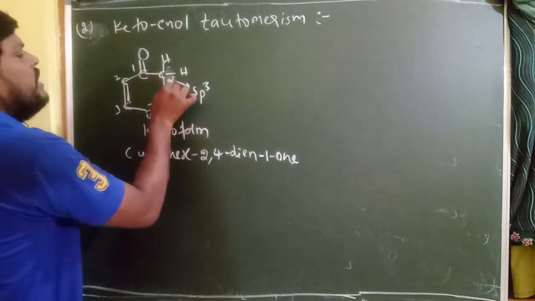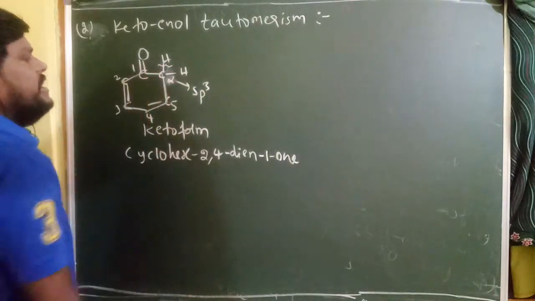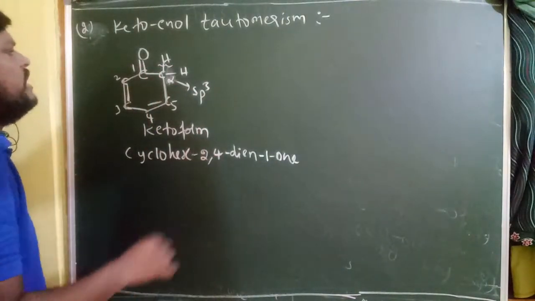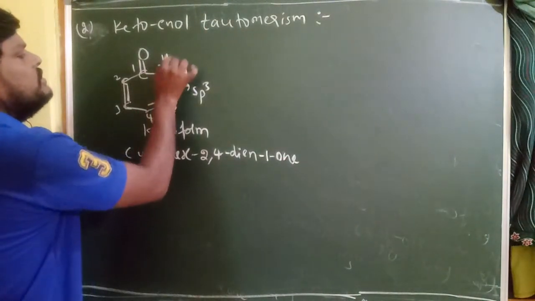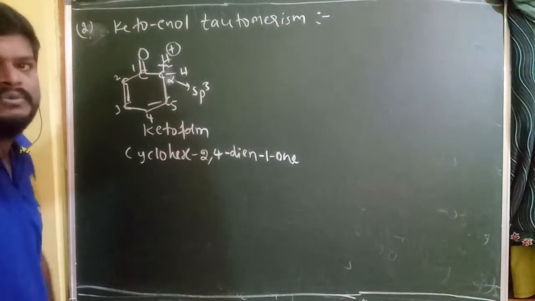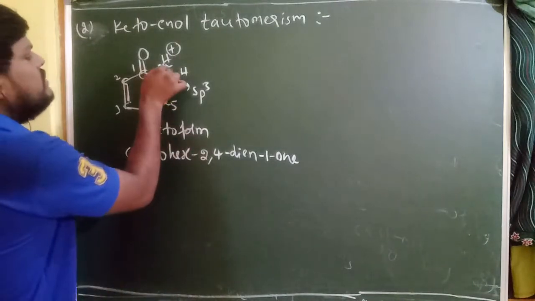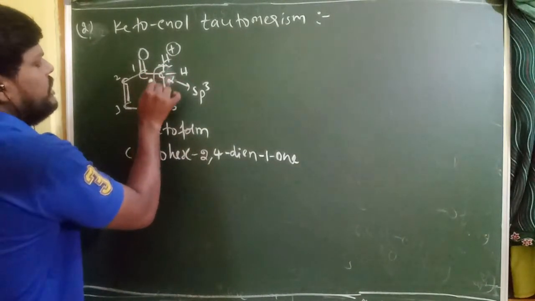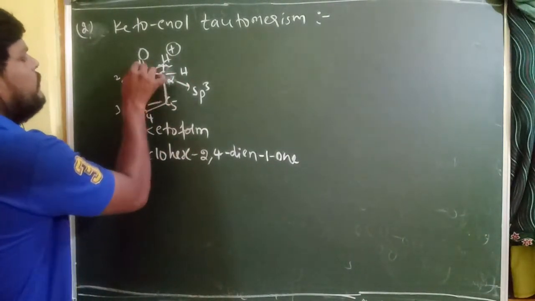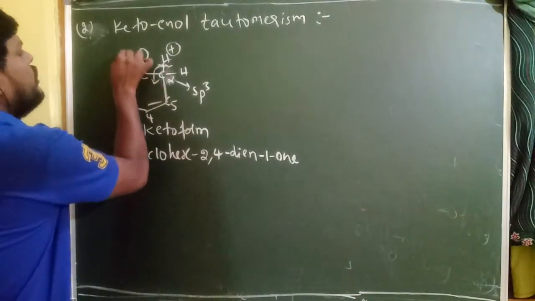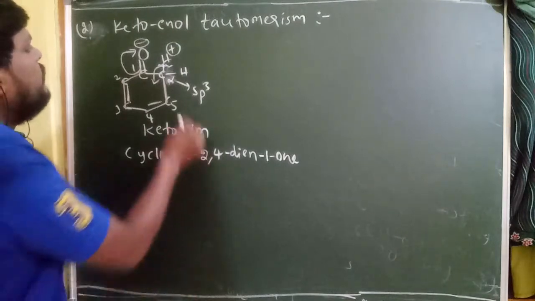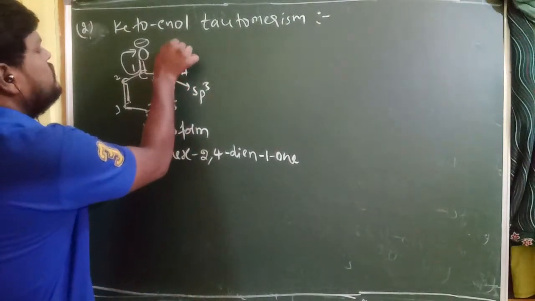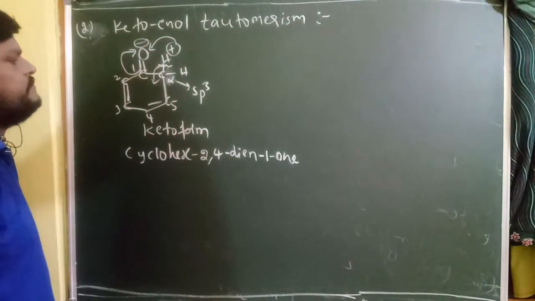Here, how many alpha hydrogens do we have? 2 alpha hydrogens. Right now I want to use 1 alpha hydrogen. When the bond breaks between carbon and hydrogen, the hydrogen gets a positive charge. Immediately this bond rotates towards the carbon to carbon, and this bond rotates towards oxygen, and oxygen gets a negative charge. Now immediately this positive charge of the hydrogen migrates towards oxygen.